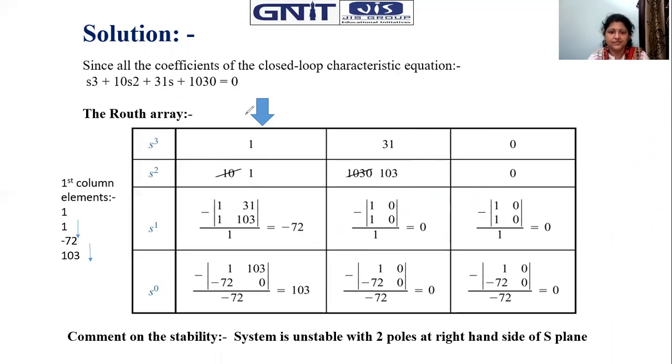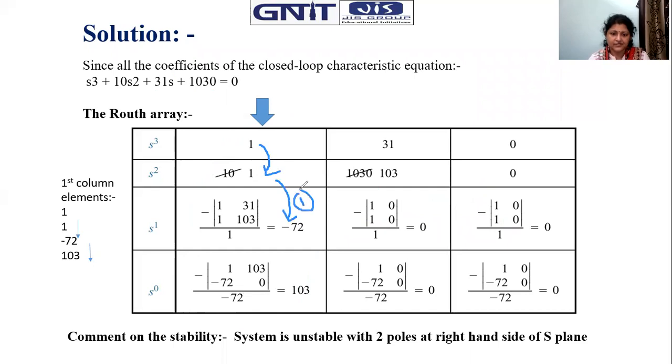Finally, from this Routh table, we have to observe the first column, that is called the Routh array. Okay. So what is our observation from this first column? Our observation is the first entry is 1, then minus 72, then 103. Right? If it is so, what we get here? There is a sign change.